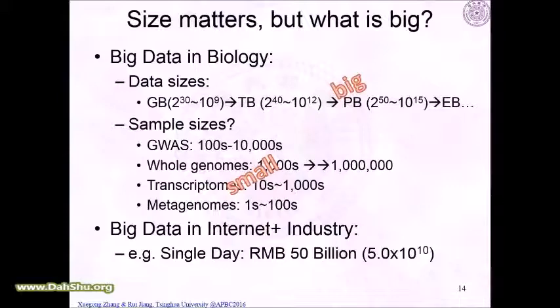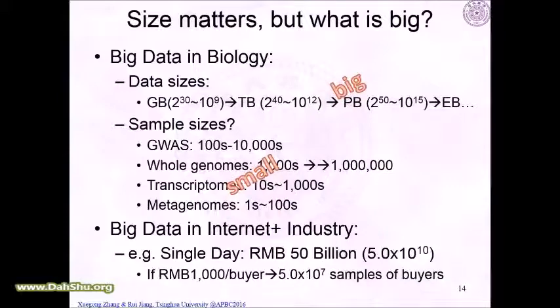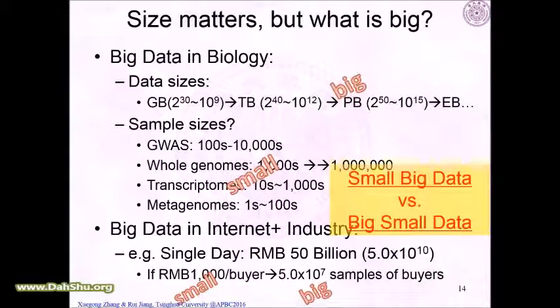And if we suppose each transaction is only 1,000 renminbi, then for a single day we can get tens of millions of samples. So in that scenario, they have a big number of samples, but each sample is small. Each transaction cannot be that complicated. So although the size is the same, I coined the term that in biology we face small, big data, but in the other fields, they have big, small data.